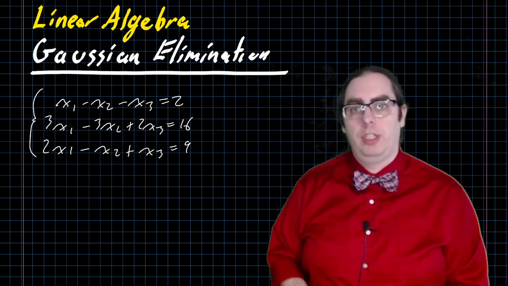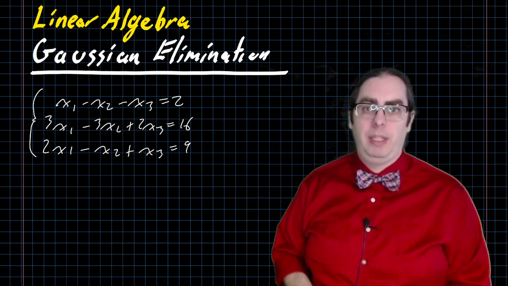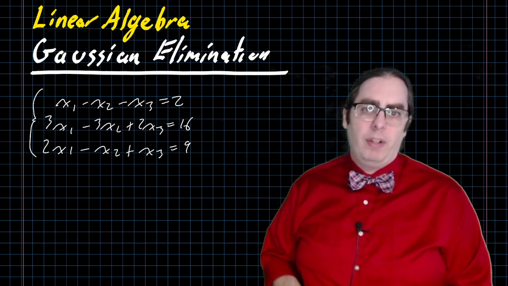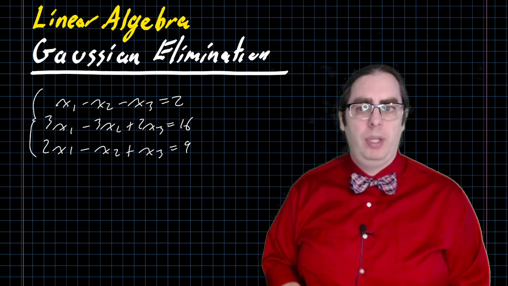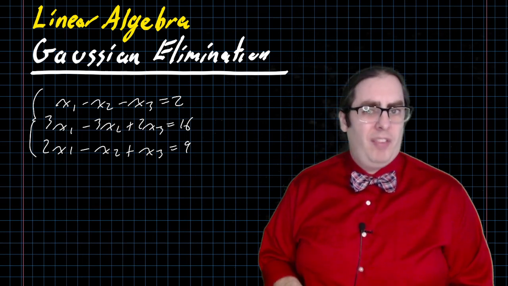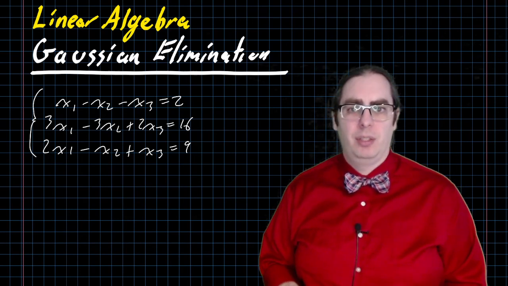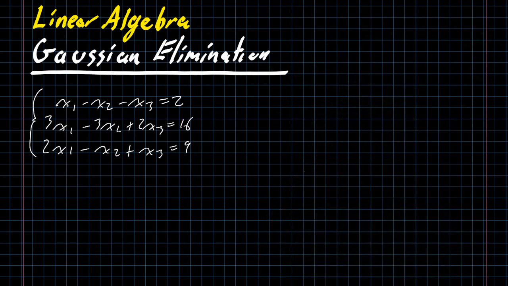When you're first learning about systems of equations, having all of these pieces is certainly useful. But now that you are very comfortable with systems of equations, having all that extra stuff is kind of just baggage. And so we get rid of it.